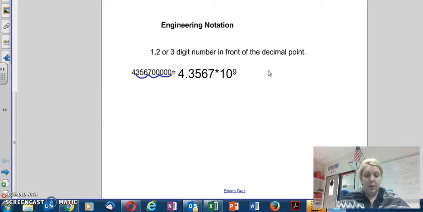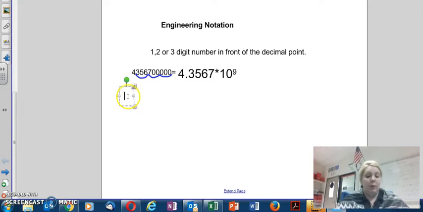All right. So this is very straightforward. What you will also notice is that in engineering notation, you will always end up having your exponent as some kind of multiple of 3. It could be 0, it could be 3, 6, 9, 12, 15, all of those.